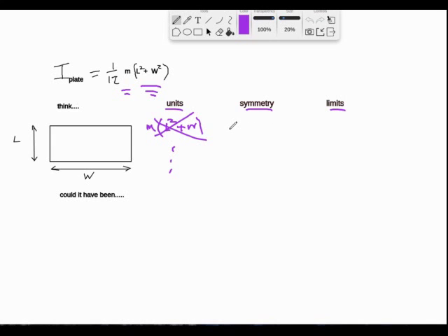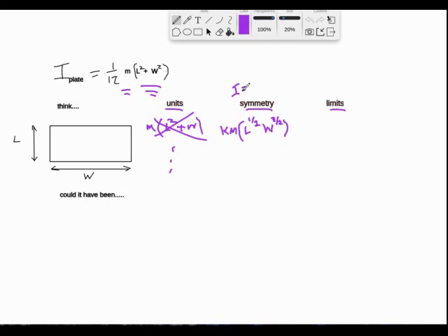Like how about something that does work for that, like mass times length to the 1/2 power times width to the 3/2 power, times some constant. Suppose we thought this was our moment of inertia. We thought this is our answer.